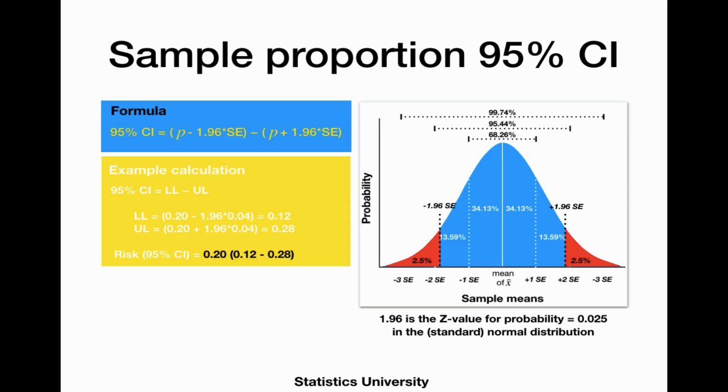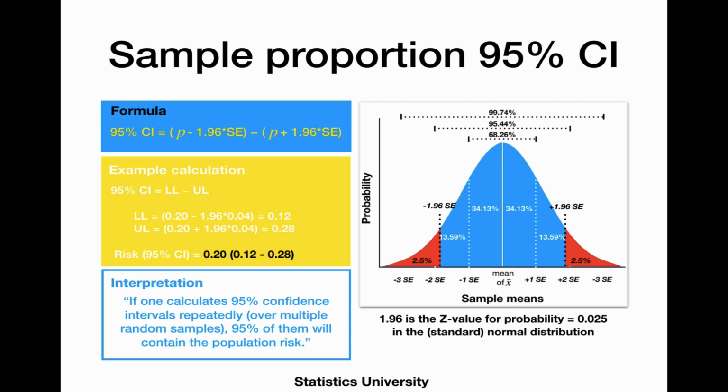In our former example, this would result in a risk estimate of 20% and a 95% confidence interval ranging from 12% to 28%. And that just simply tells us that it would not be unusual to expect that the true population risk would be in the range from 12 to 28%.